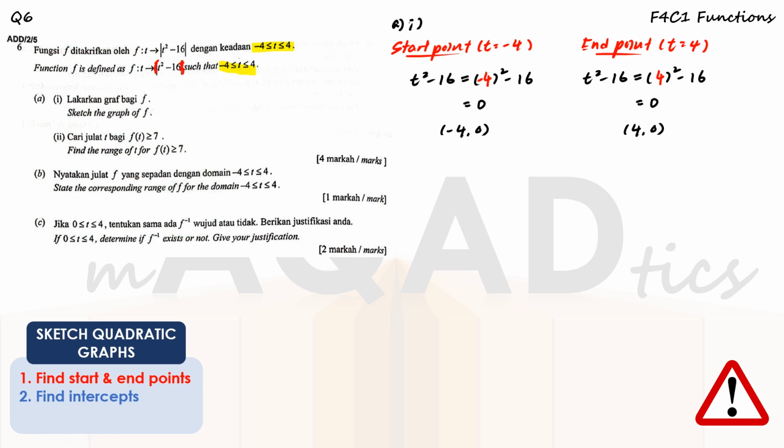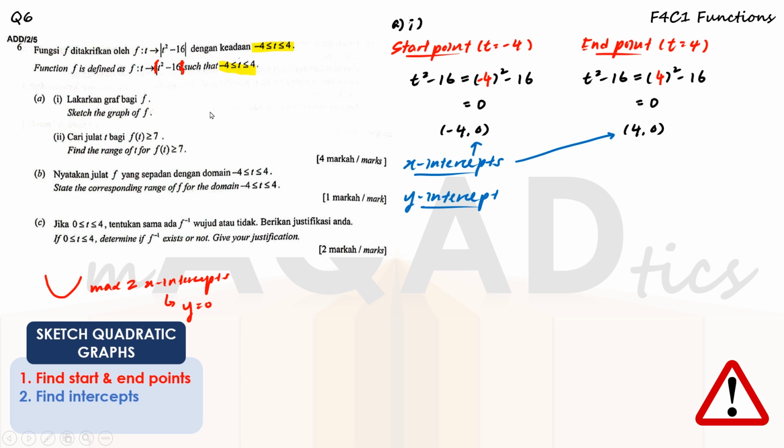For the x-intercepts, we know that for any quadratic graph, there will be a maximum of only 2 x-intercepts, and at the x-intercept, the y-coordinate is 0. So if you see here, the start and the end points, we actually already found them, right? We have 2 of them, and the y-coordinate is 0.